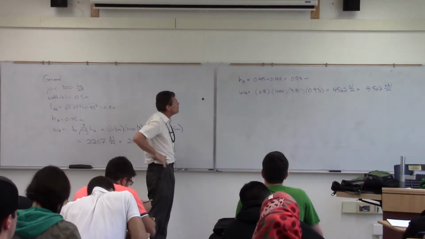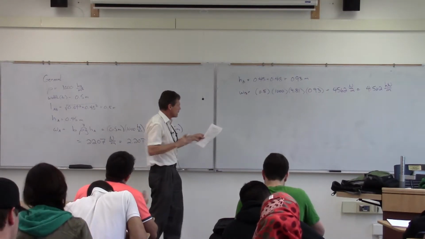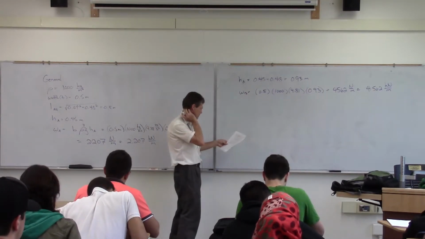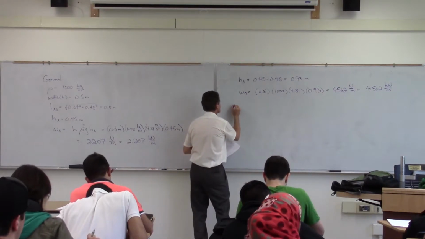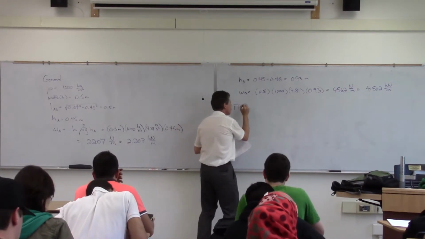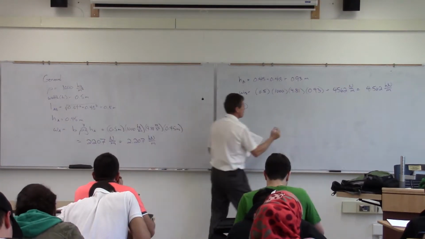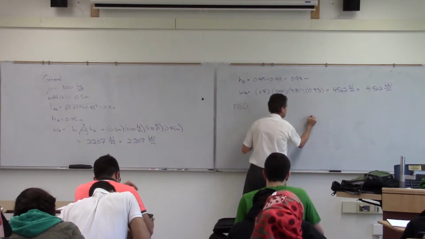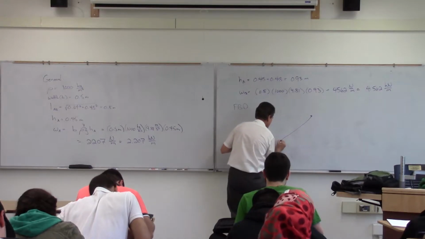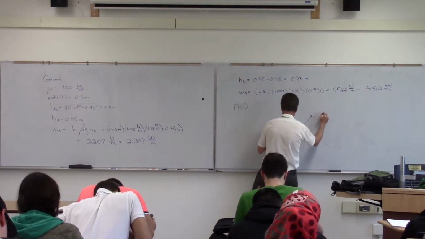Okay, well, let's finish here. So we've got that. Going back to your question in terms of why do we want it per meter, this is what our free body diagram is going to look like now.